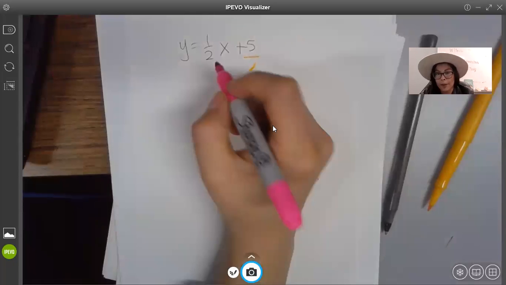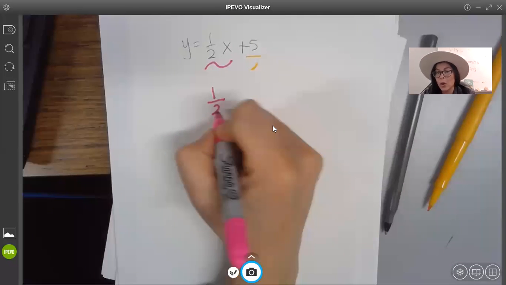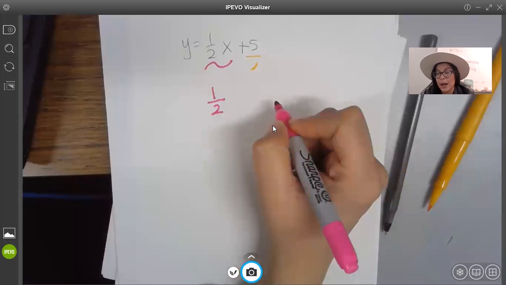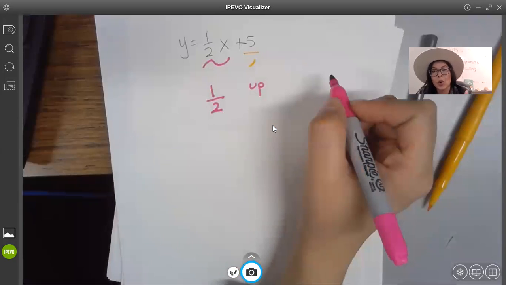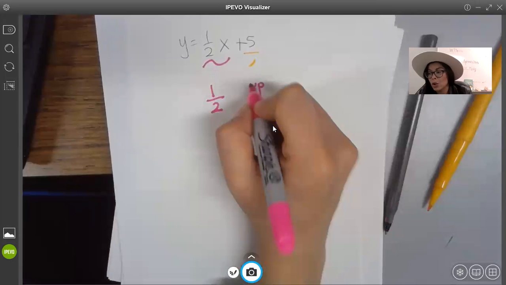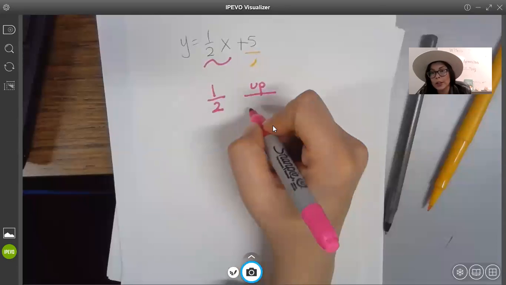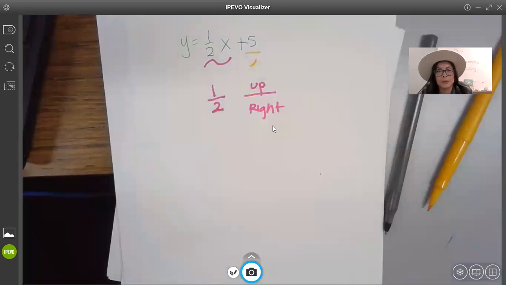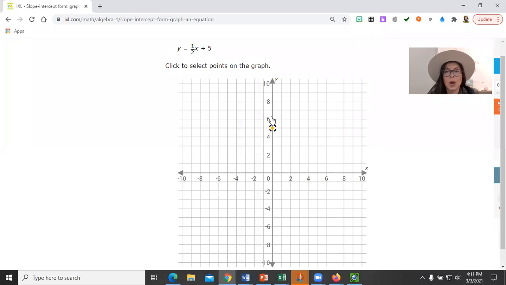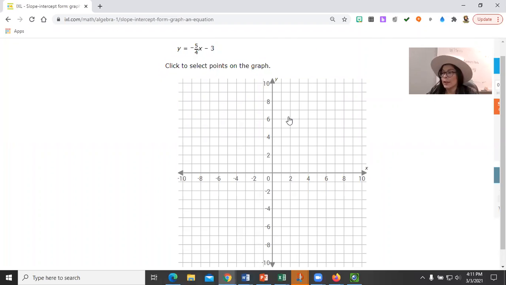The slope is 1/2. Because it's 1/2, do I go up or do I go down? I go up, because it's positive. You go 1 up, and then the 2 goes to the right. You go 2 to the right. So up 1 over 2. You only need 2 points to make your graph. Done.